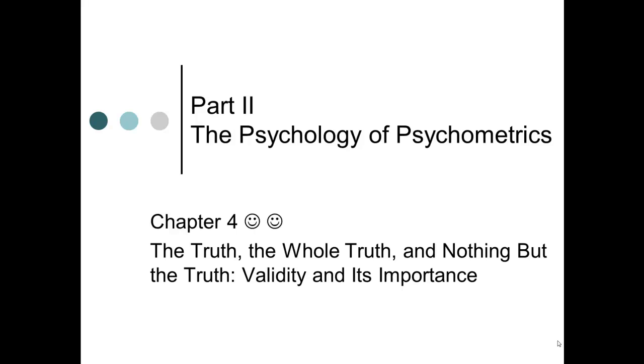Okay, ladies and gentlemen, we're ready to start chapter 4, the truth, the whole truth, and nothing but the truth, validity, and its importance. Now, if you thought that chapter 3 was no fun, well, I'm afraid chapter 4 isn't going to get a whole lot better.